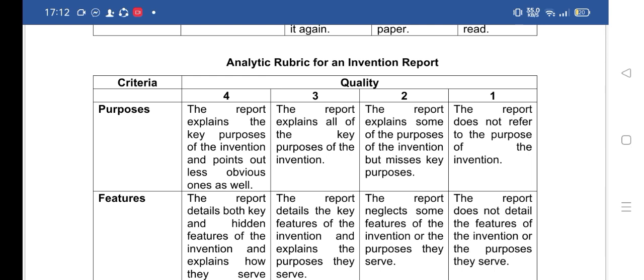As you can see, there are only two parts in the analytic rubric in this example. So on the left side, you can see the criteria, and on the right side are the qualities.